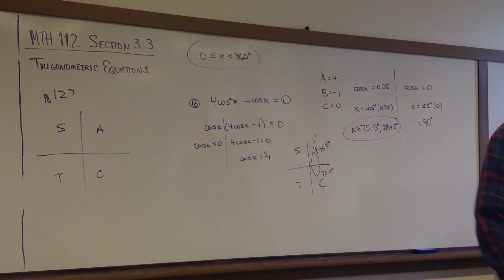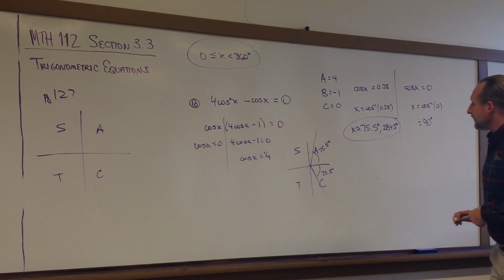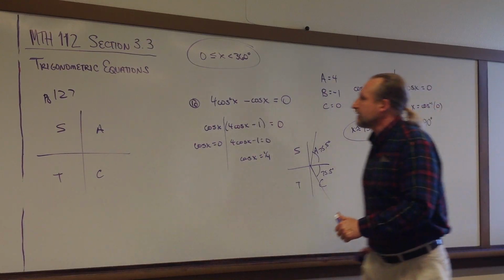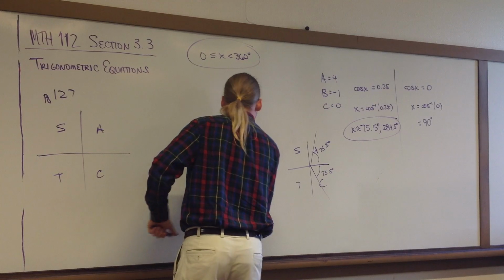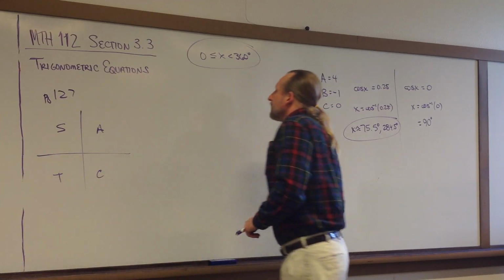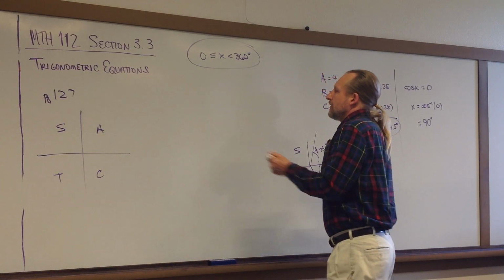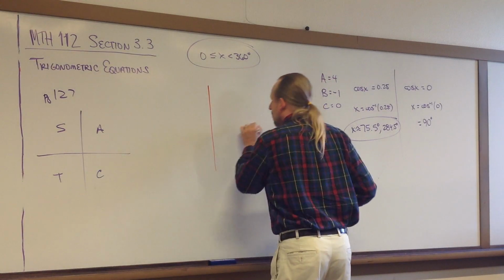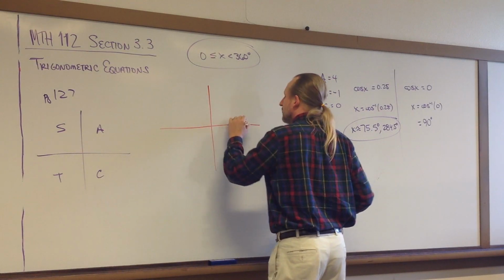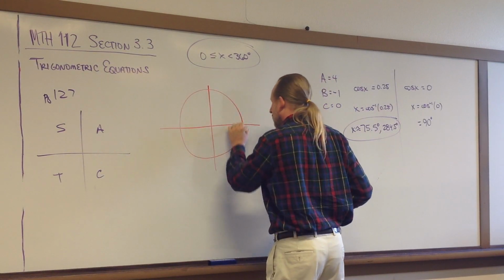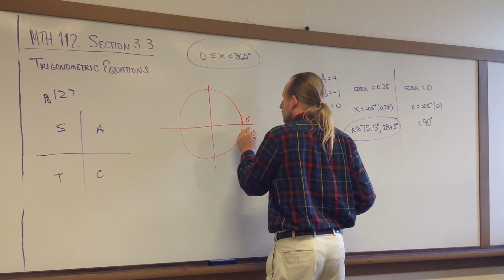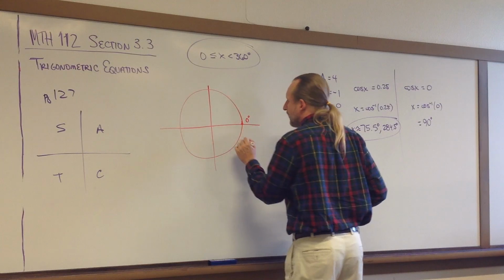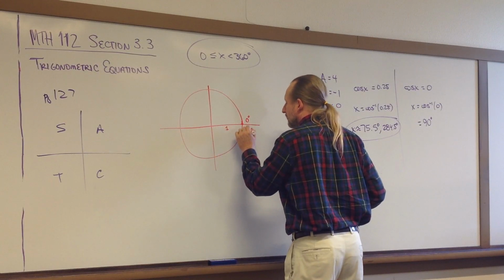Now, here's something that the calculator won't do for you. All right, so let's talk about this a little bit. You remember in chapter 2, we talked about the quadrantal angles, right? So at 0 degrees, this point right here, so this is the unit circle, right?